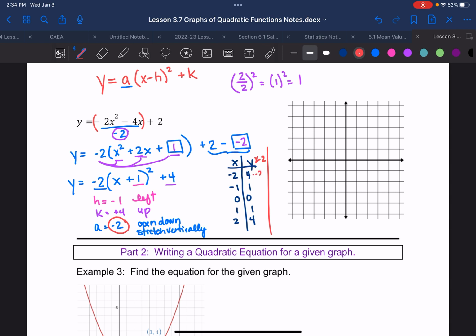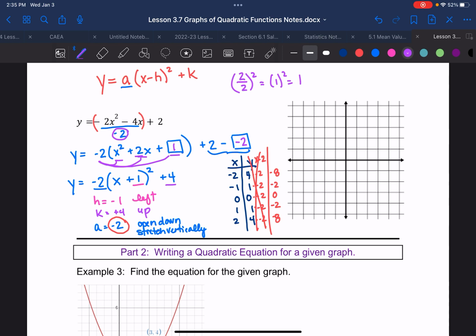So 4 times -2 is -8. 1 times -2 is -2. 0 stays the same. 1 turns to a -2. And 4 turns to a -8. So now I won't need these values anymore because my A is going to flip and stretch.